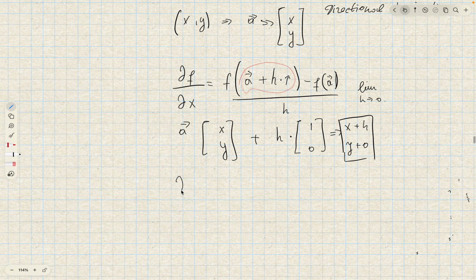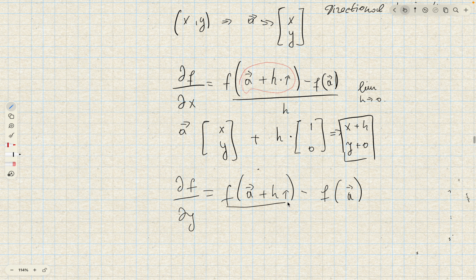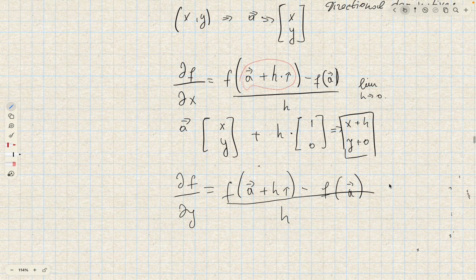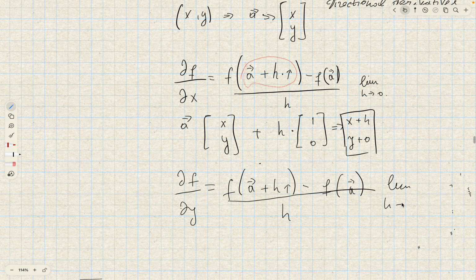And with the same analogy, if we do it with respect to y, then we'll have a vector a, again the same thing, minus f of a, h, limit h goes to 0.